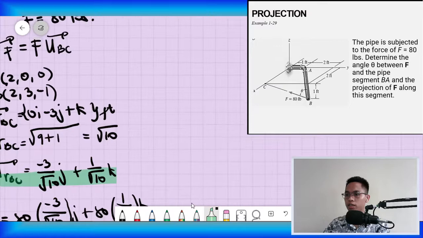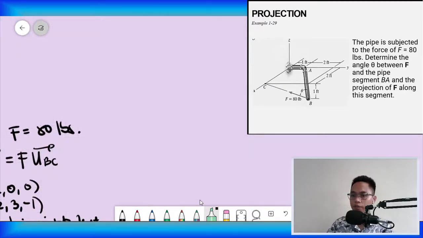Now, let's go to our formula. The question is to determine the angle theta in between F and the segment AB. Now, this would be F. The dot product, we recall, to get the angle in between them, is just simply F in Cartesian vector form dotted with the unit vector AB.